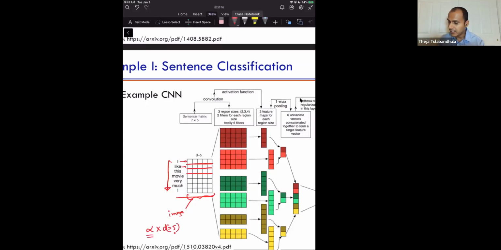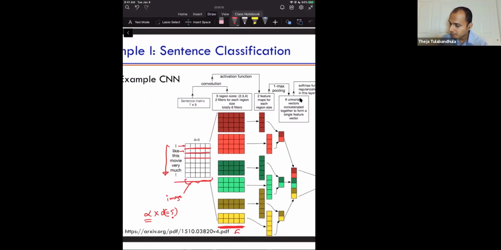If you focus on the second column here, where I'm underlining something, you can see that there are actually 6 filters here. This is a filter which has 2 rows and 5 columns. This is a filter which has 2 rows and 5 columns.